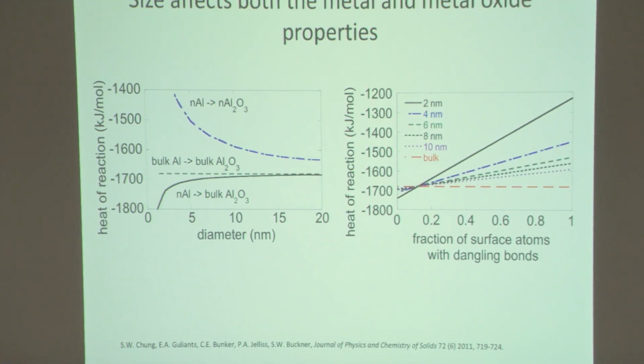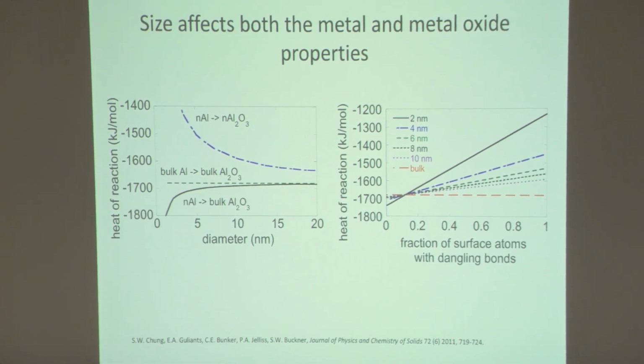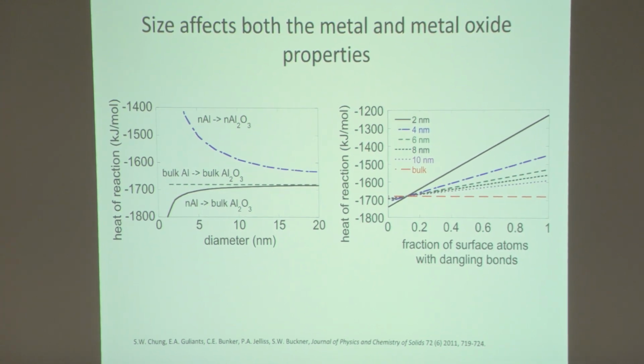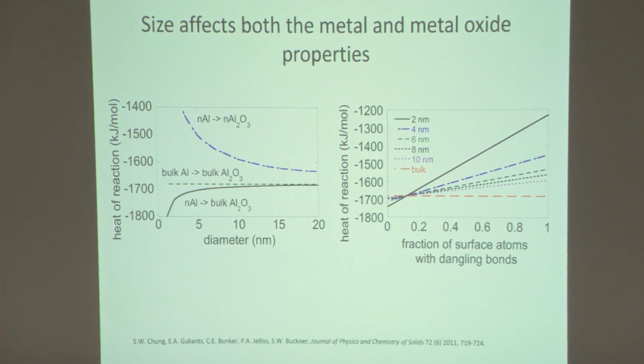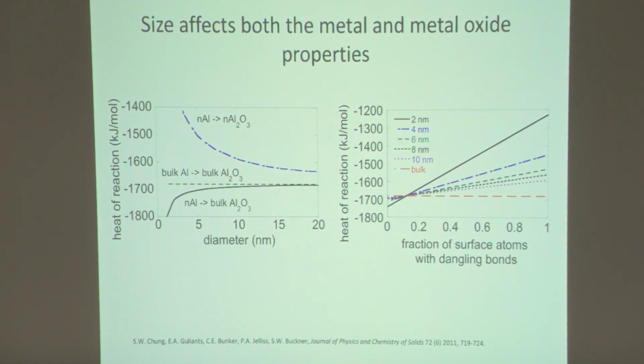And this is another interesting result. I'm not sure it's been totally verified, but the size affects both the metal and the metal oxide properties. So on the left, I'm showing what happens if I consider 3 different types of reactions, where I take nano-aluminum and it eventually forms nano-aluminum oxide, versus taking bulk aluminum and forming bulk aluminum oxide, or taking nano-aluminum and having it form bulk aluminum oxide.